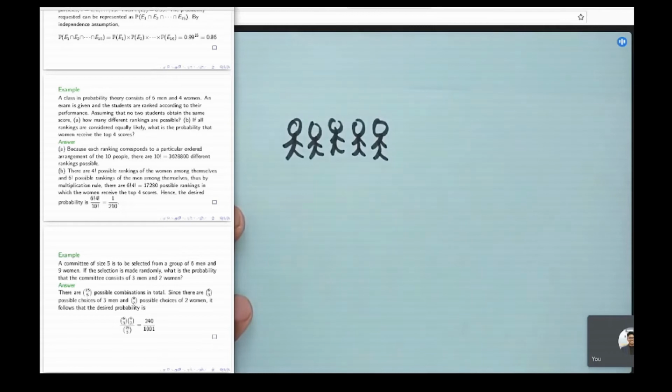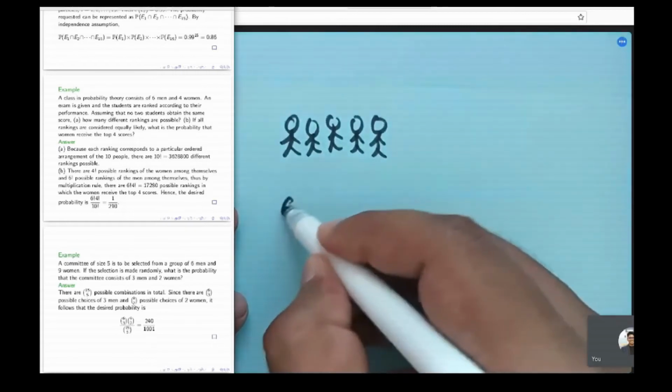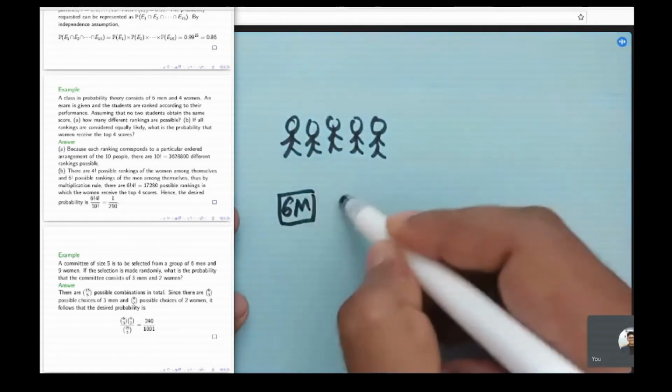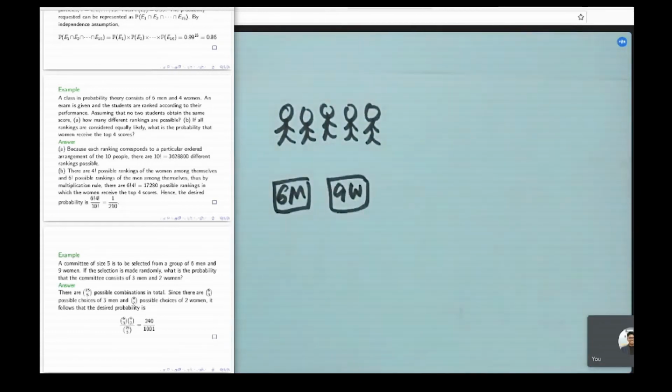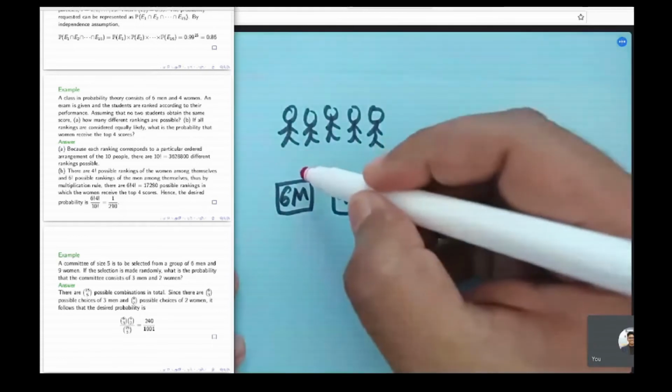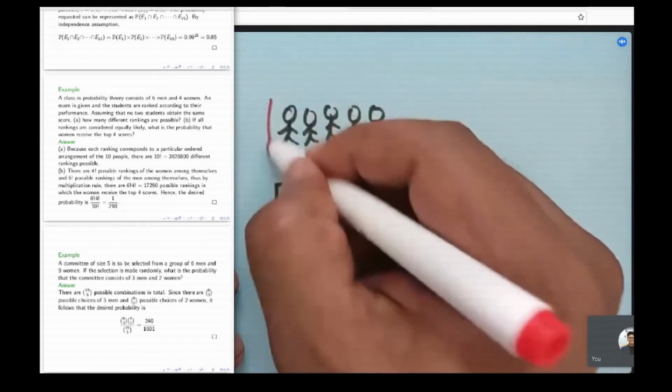A committee of size 5 is to be selected from a group of 6 men and 9 women. So in this case, we have 6 men and 9 women, and out of these available individuals, you have to select 5.